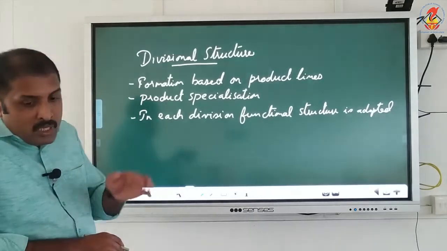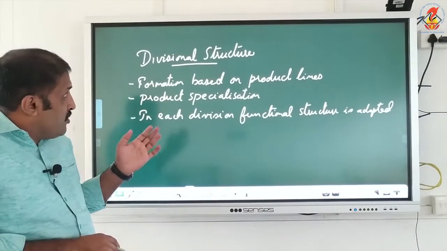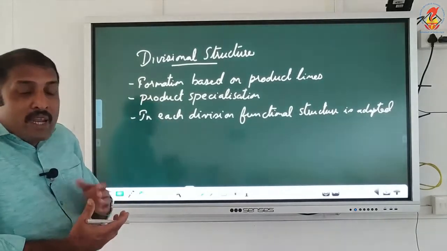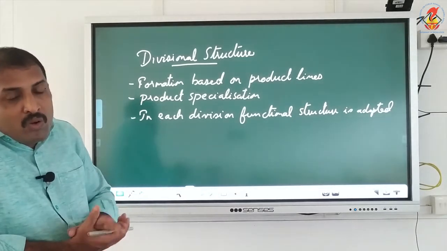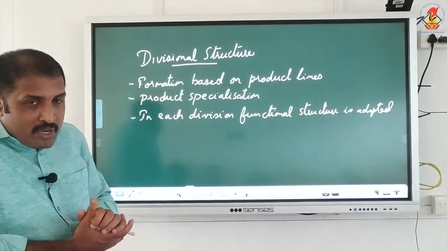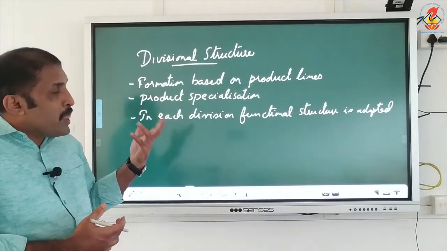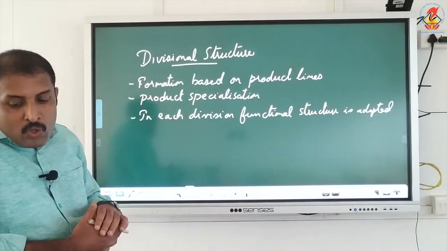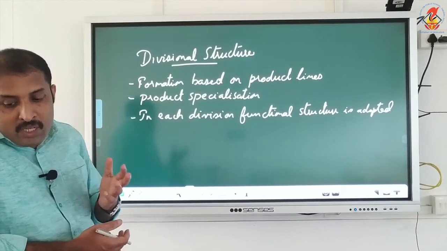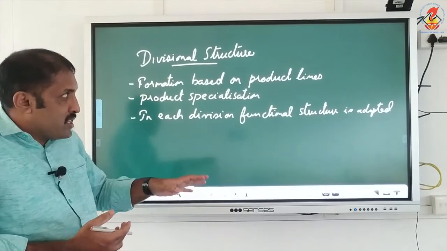Now, as we have already said, formation is based on product line. At times divisions can also be formed on the basis of geographical area, but rarely. Usually it is based on product lines. So, two or three things: it comprises separate business units or divisions on the basis of products.